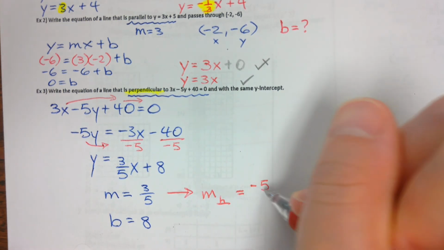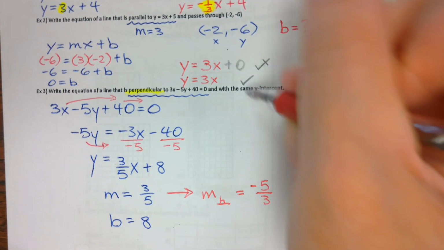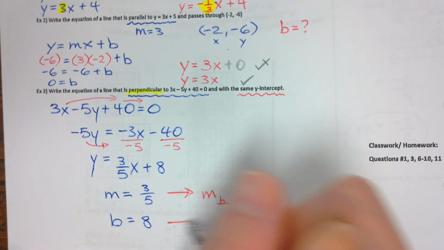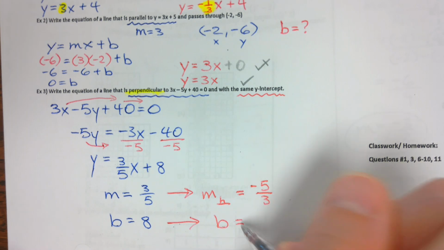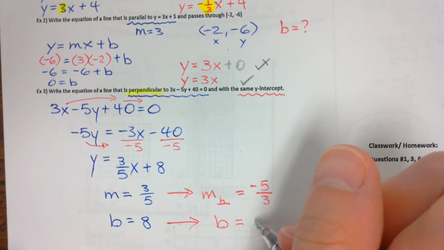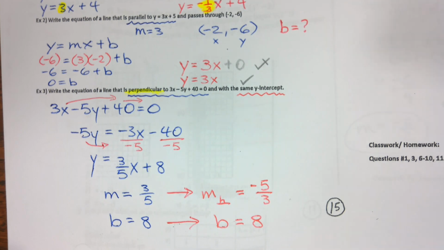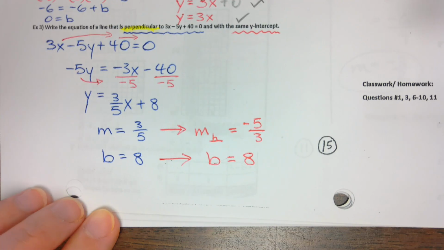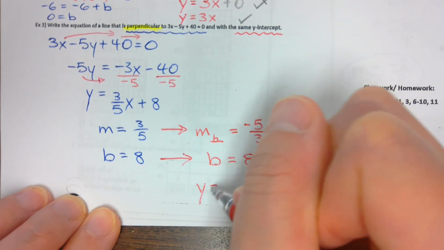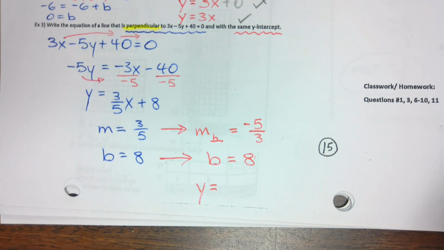Perfect. Good. Okay. And the second part of it, it says it has the same y-intercept. So what's b? Yeah. 8. Yeah, that's it. So I have the two pieces of information that I need. So what is my equation? Y equals, where's one?